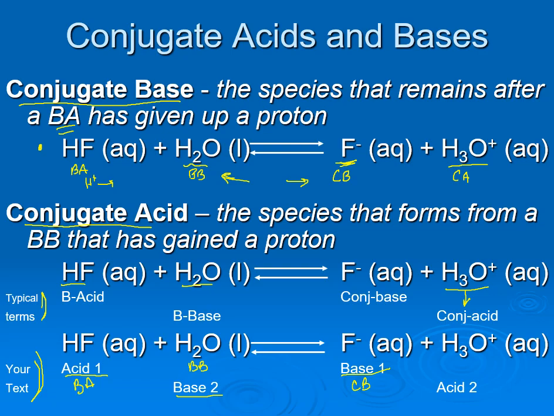And base 2 will create acid 2, which we would have called the conjugate acid. And so here again, the numbers match up. Base 2 to acid 2, acid 1 to base 1. That's how they pair that up as opposed to conjugates. However, like I said, it's unique to your textbook, unique to your authors, and they haven't modified it over several editions. So apparently teachers like me don't complain loud enough.